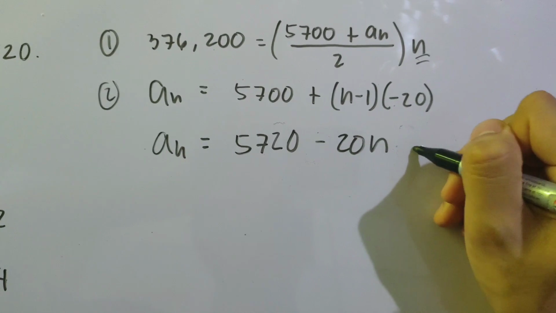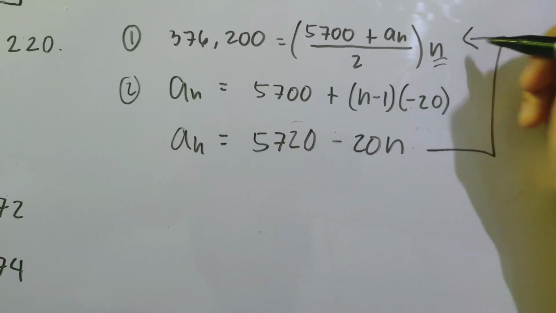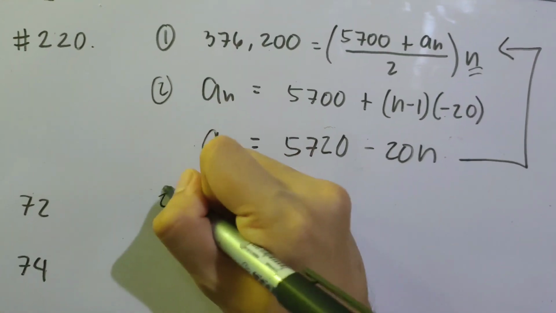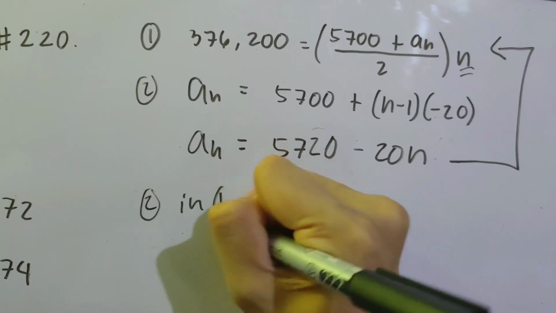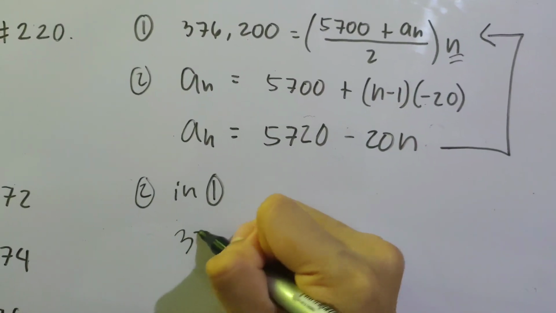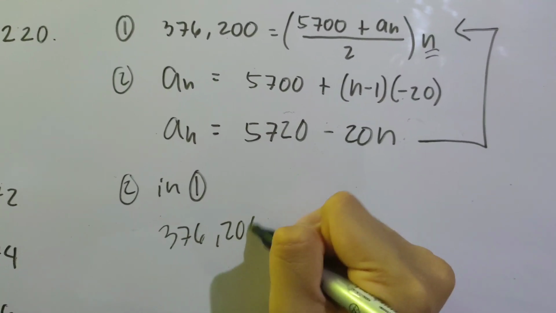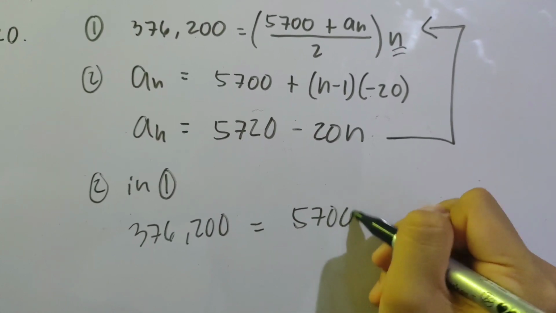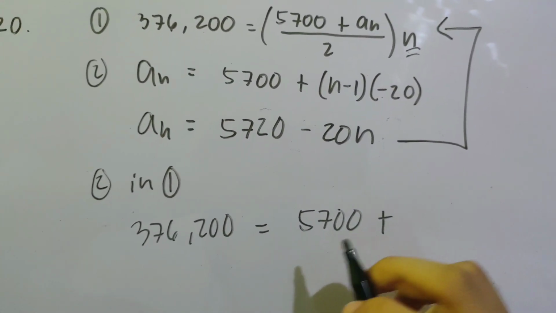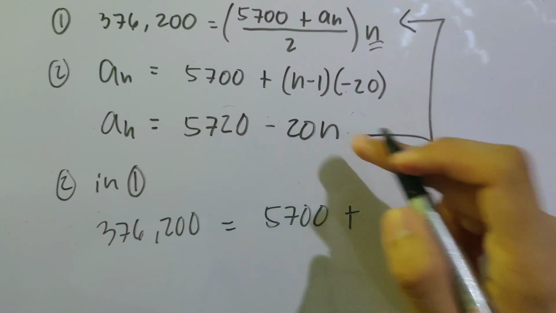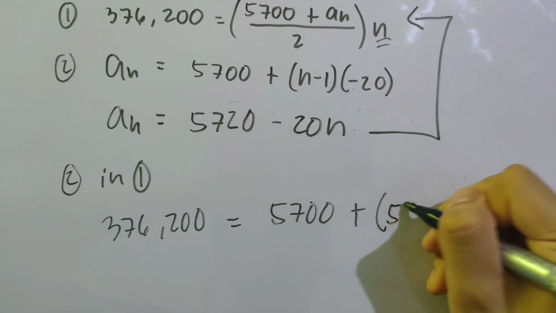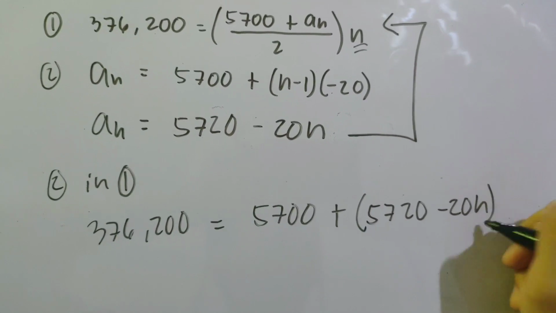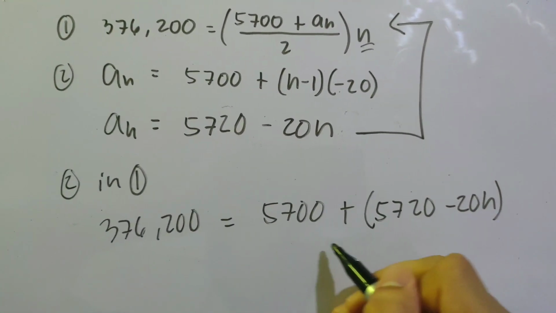Pwede na natin i-substitute to dito sa equation number 1. So palitan natin yung AN dito. So equation 2 in equation 1, ito magiging 376,200 is equal to 5,700 plus AN. Yung AN natin, 5,720 minus 20n, divided by 2.